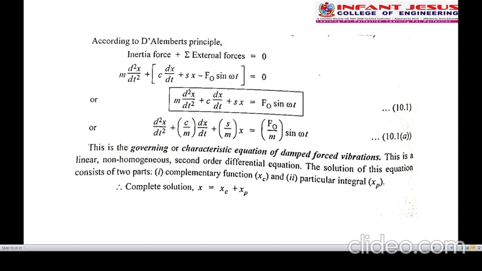For resolving all the forces, we apply D'Alembert's principle. What is D'Alembert's principle? The inertia force and the summation of all the external forces is equal to 0, or it is in equilibrium. So inertia force m d square x by dt square plus external forces. What are the external forces?